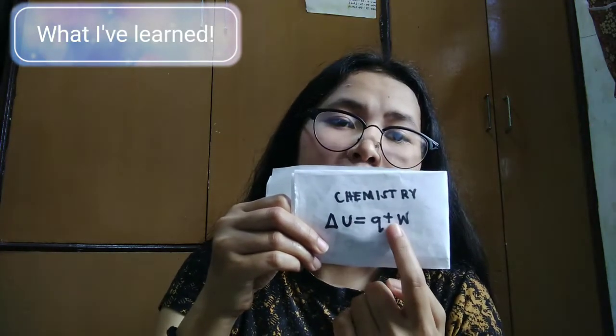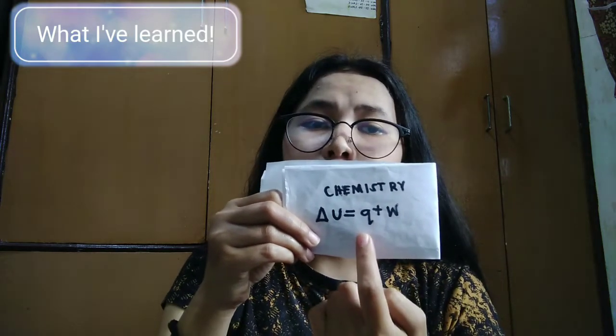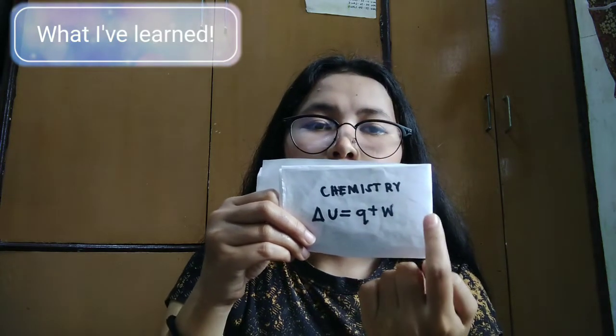The equation for the change in the internal energy of a system is delta U equals Q plus W. That's for chemistry. Q represents the heat energy that flows into or out of the system, while W represents the work.